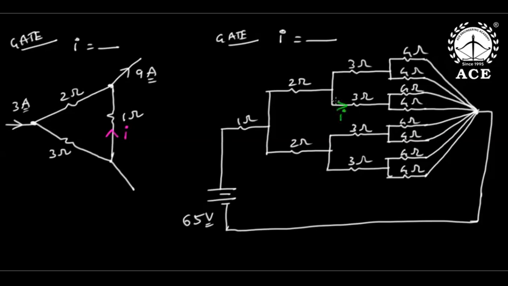I need this current I. In the left side circuit also, what is current I, and in the right side circuit also, what is current I?